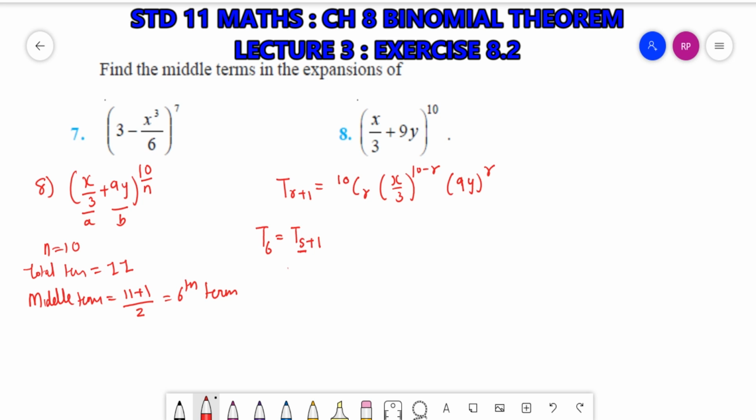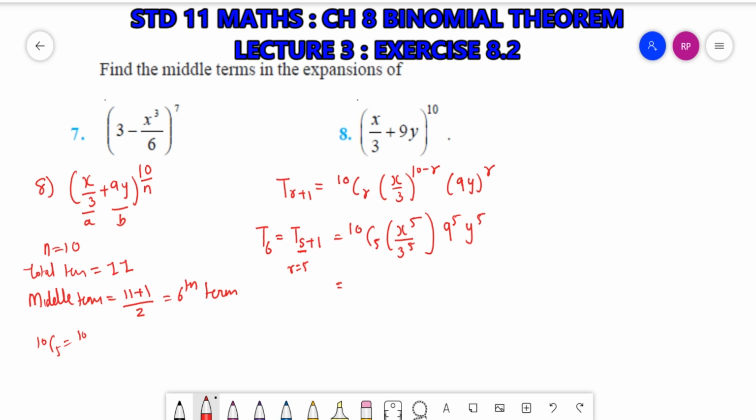So our r is equal to 5. This will be 10C5 into x raised to 10 minus 5 upon 3 raised to 5 into 9 raised to 5 y raised to 5. Okay, so 10C5, we will solve it separately.